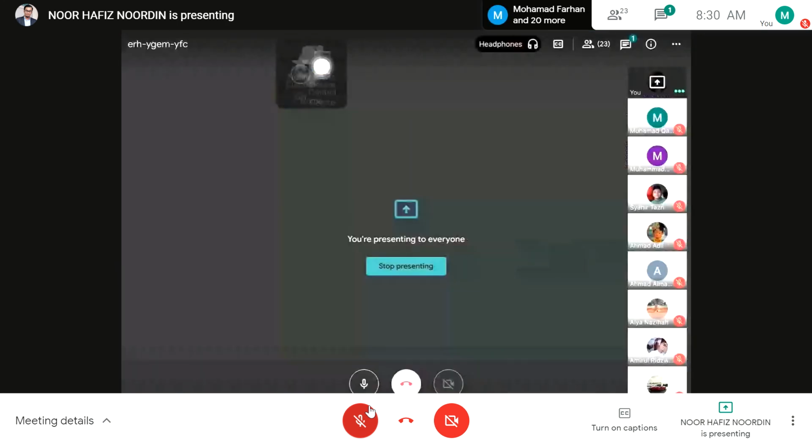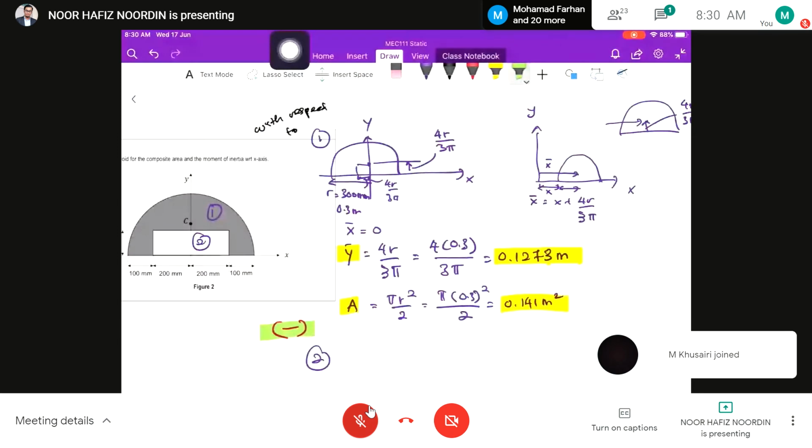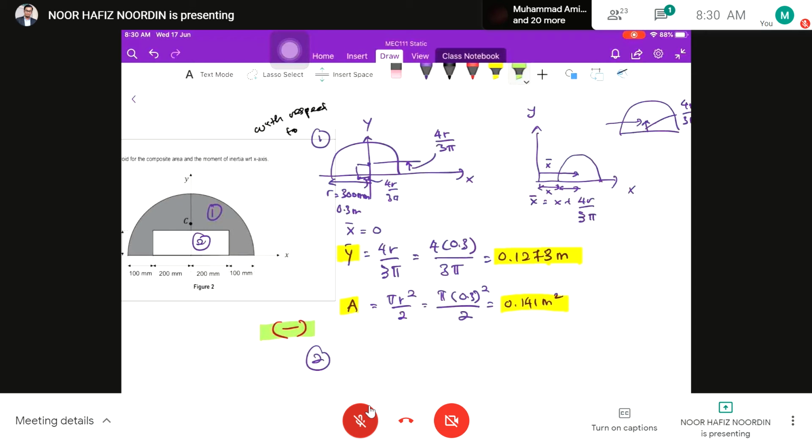Okay. So untuk yang nombor 2 ni, apa yang perlu buat sama juga. First we define the x bar. So x bar automatically equal to 0, the same thing, sebab berada di tengah-tengah. And then y bar equal to kat mana? Kita lukis. Lupa pula nak lukis.